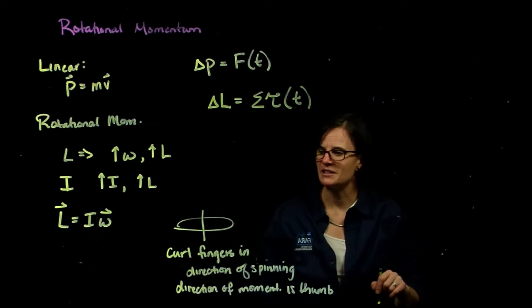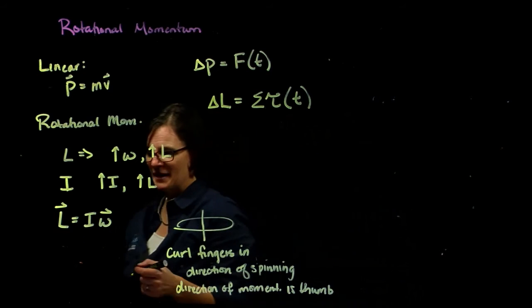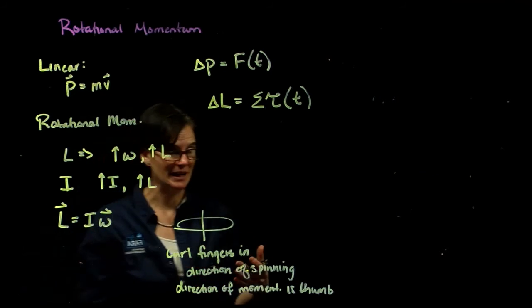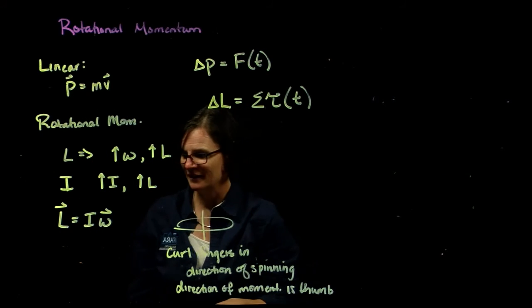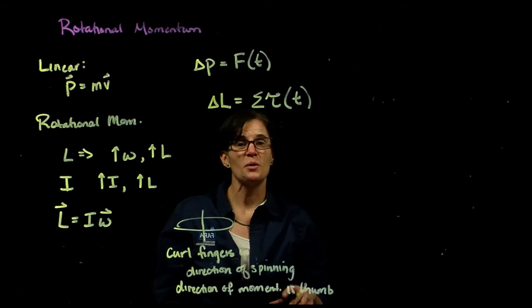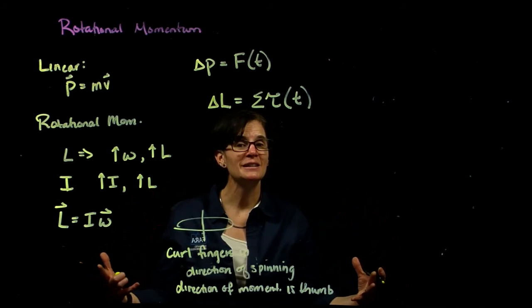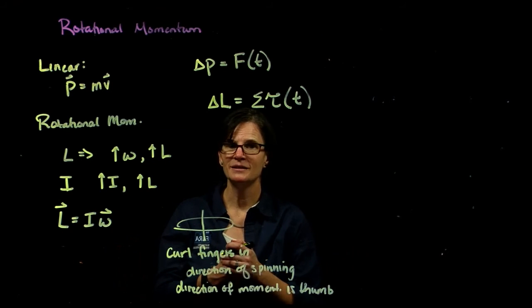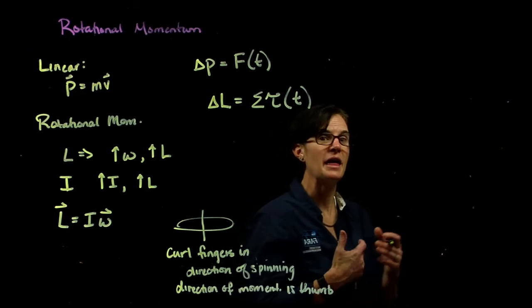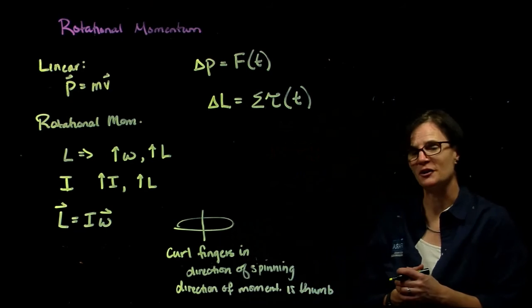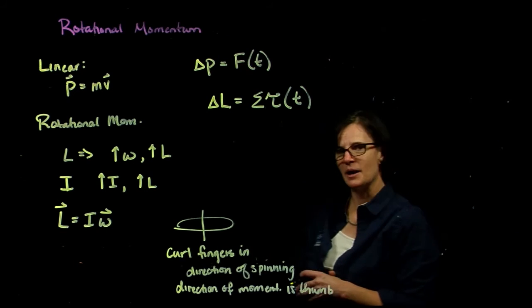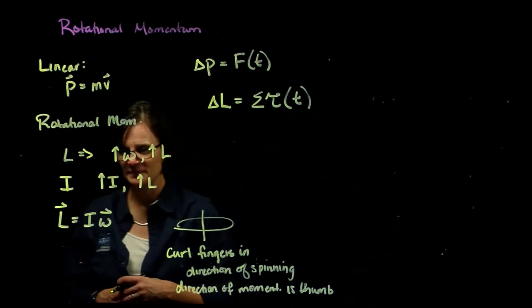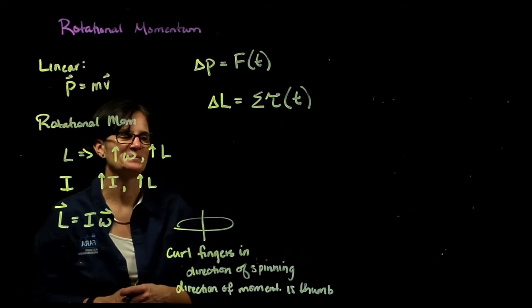So in order for me to change an object's momentum, I'm going to apply a net torque through a certain amount of time. All right, so a bigger change requires a bigger torque, or that torque being applied for a longer time. So this is the idea of impulse when it comes to linear momentum, rotational momentum.